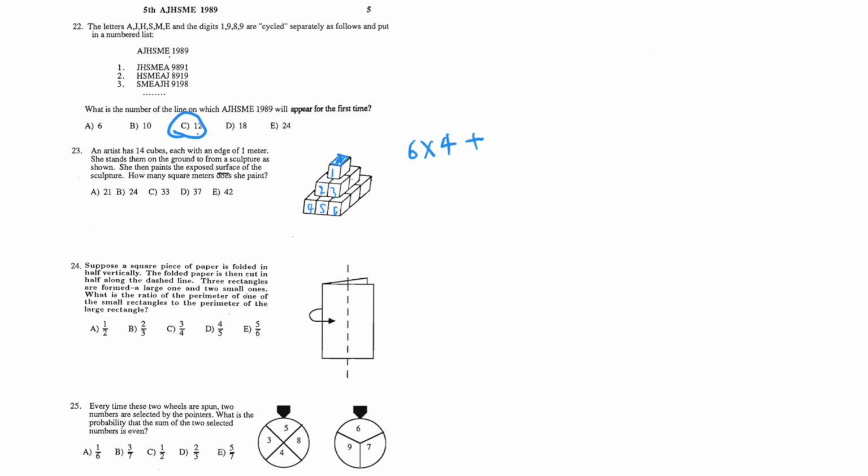So in that case, we can look at the total of the top: it is 3 by 3, that's 9. So the total is 24 plus 9, that's 33. So the answer is C.